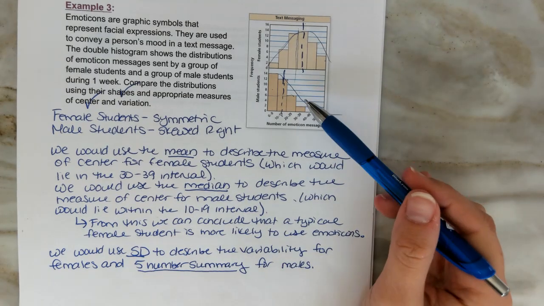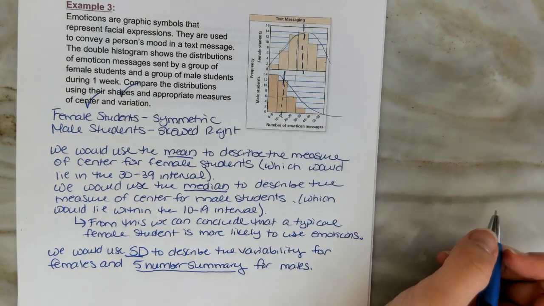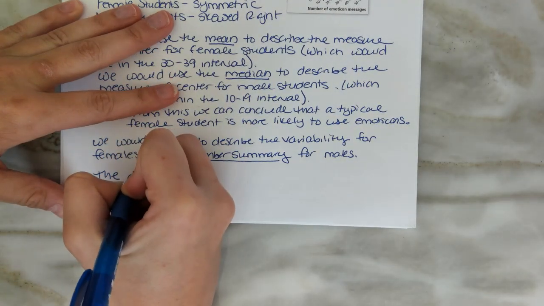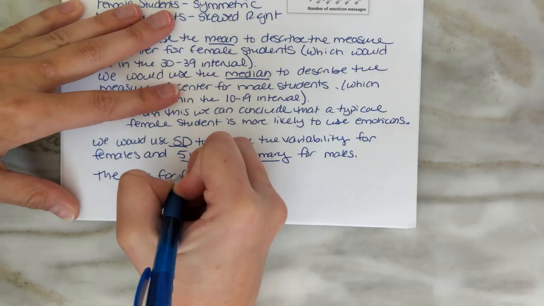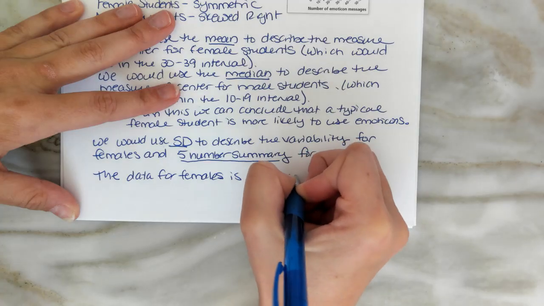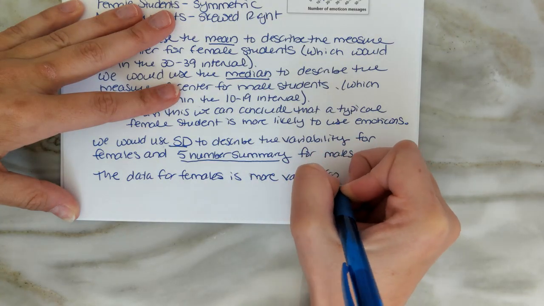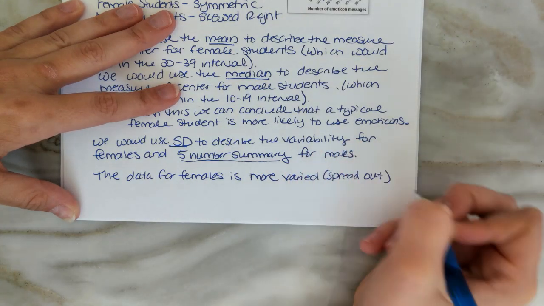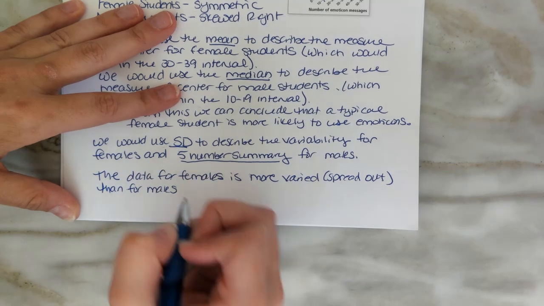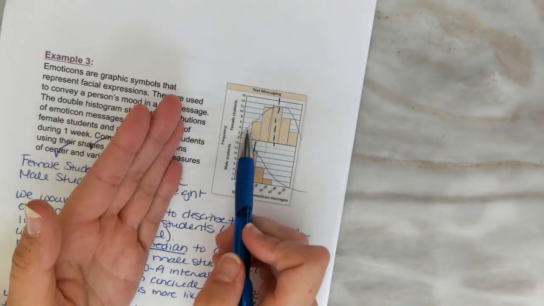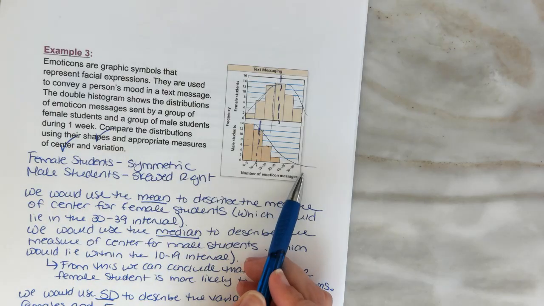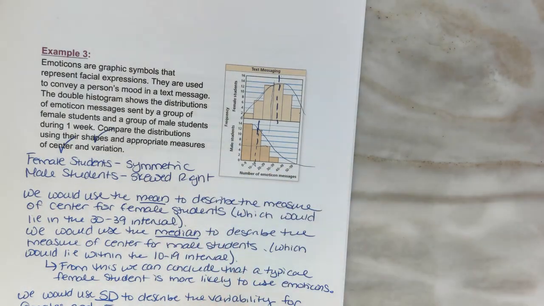So instead, I'm just going to look at the graphs and go ahead and conclude that the data for females is more varied or spread out than for males. You can kind of look here, the females go across all these, 0 all the way up to 59, and the males are kind of stuck here in this region.